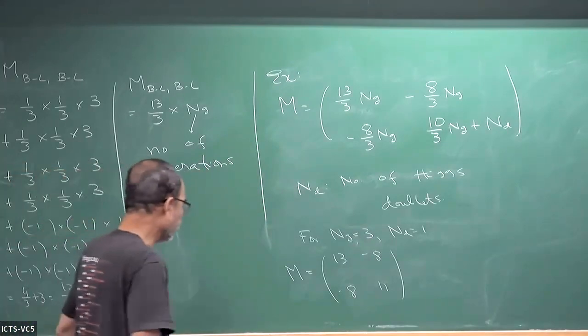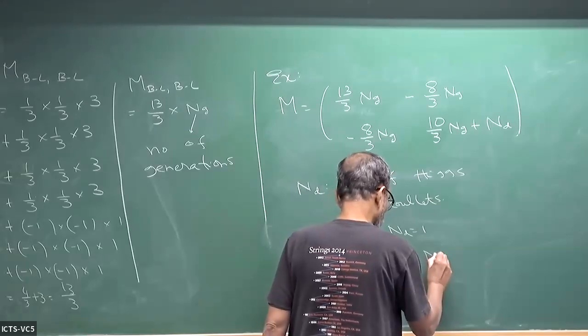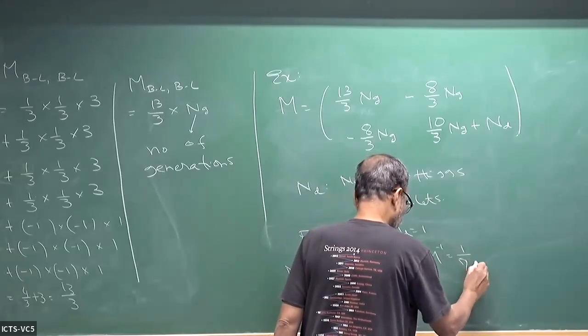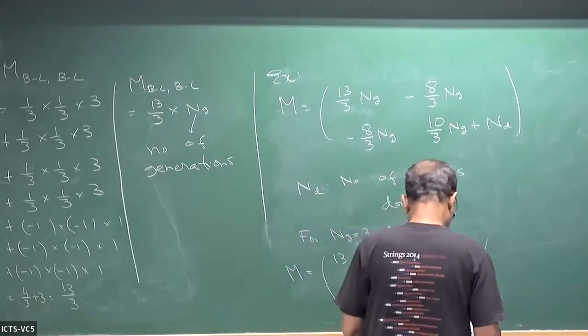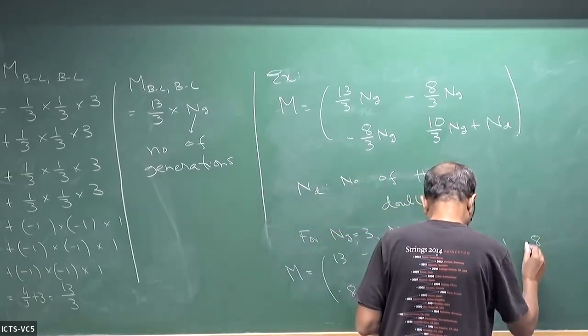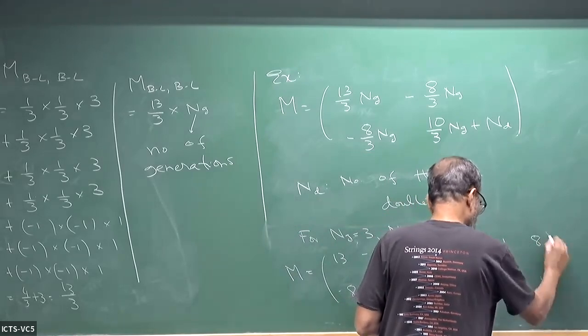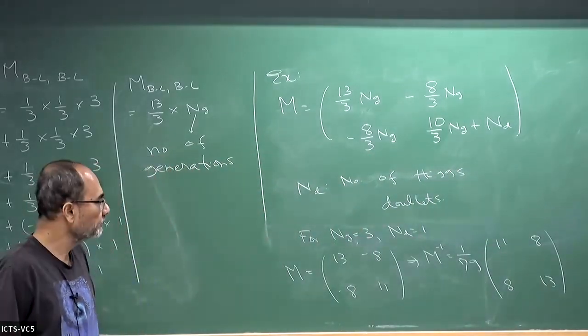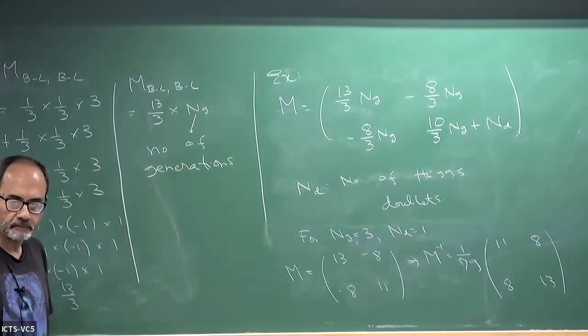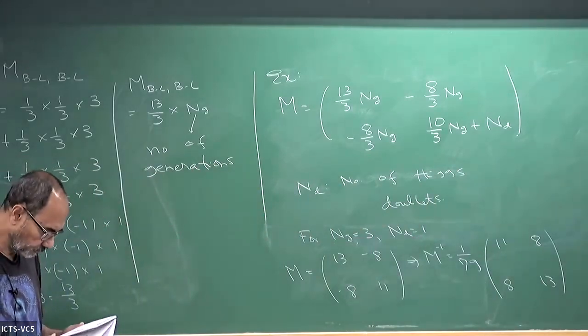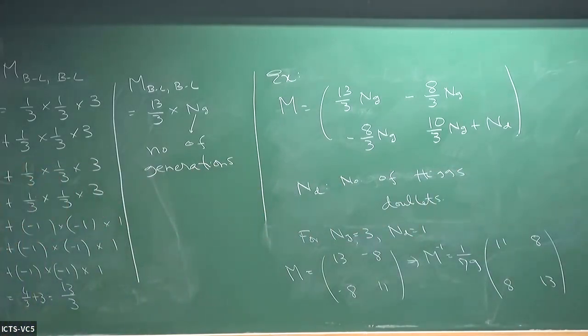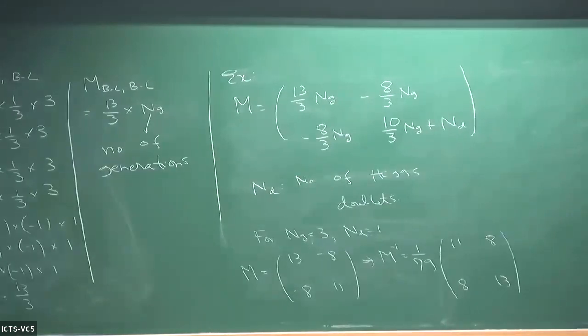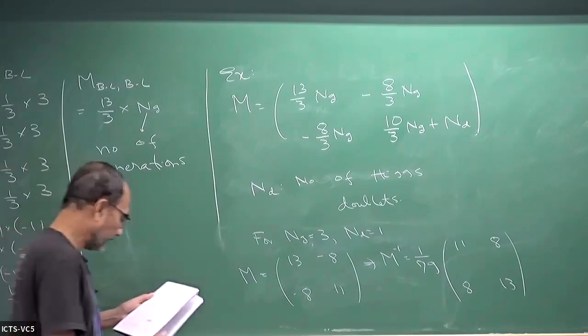And M inverse is 1/79. I wrote M inverse because M inverse is what enters this formula. I'll also leave it as an exercise to check.